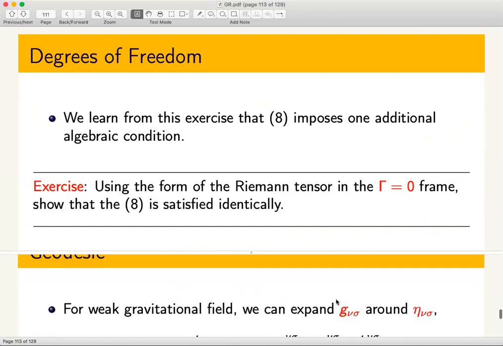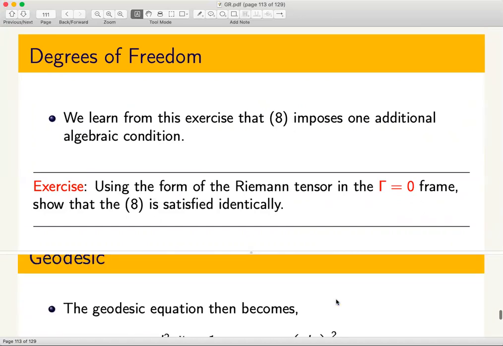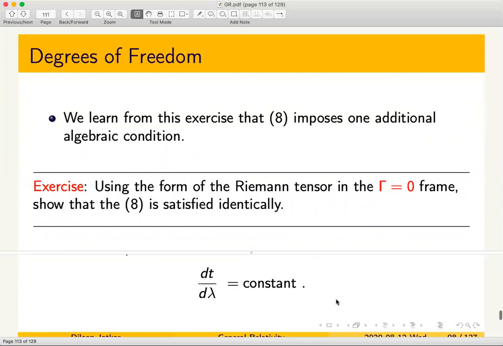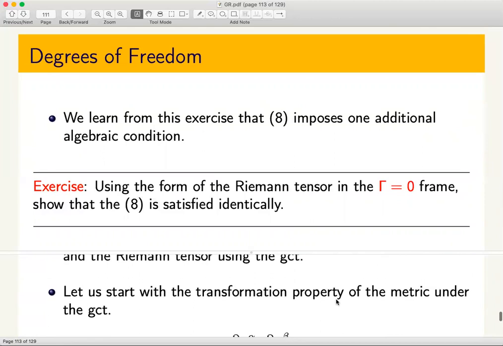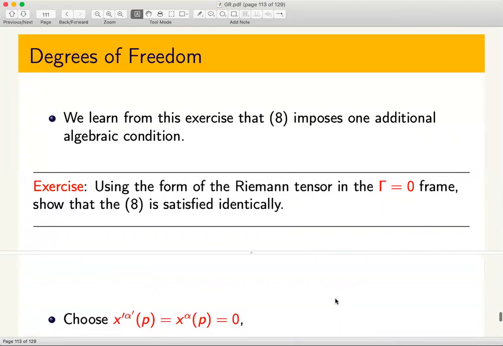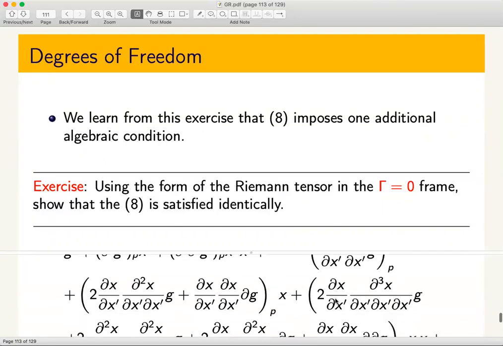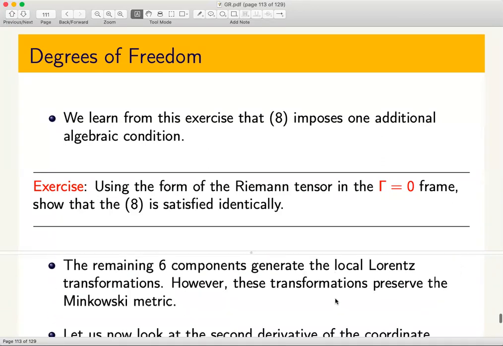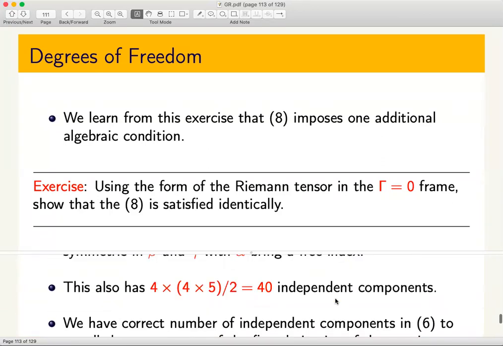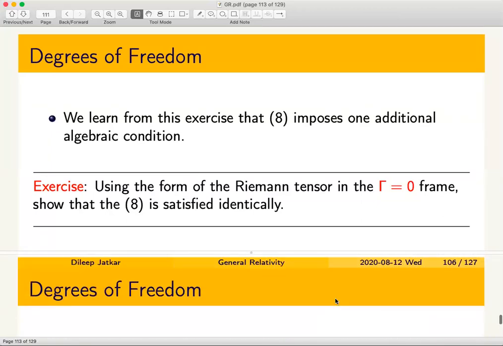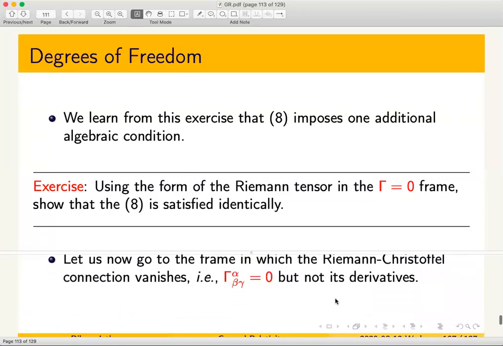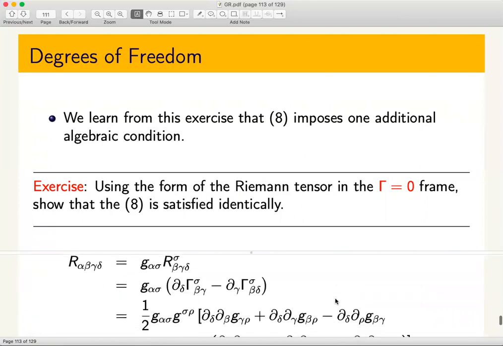You already know what it is, but I just want to show it on the screen. Yeah, here it comes. The gamma equals 0 frame is this expression.